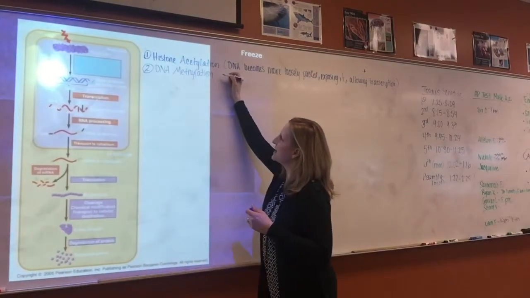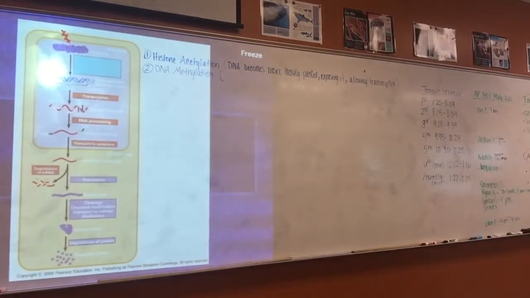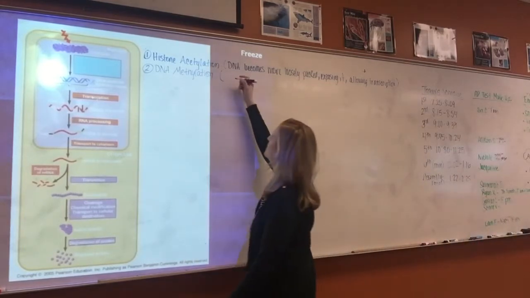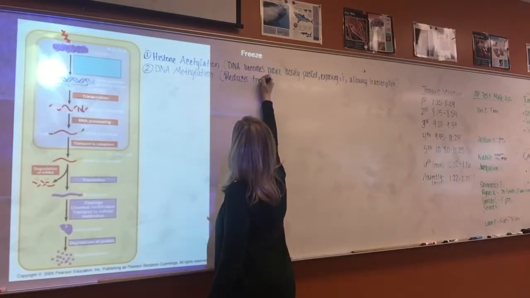In this case, what happens during DNA methylation, and how does that contribute to gene expression? Yeah, this reduces transcription. When those methyl groups are added to the DNA, it reduces transcription.